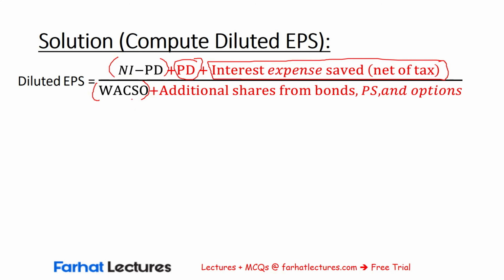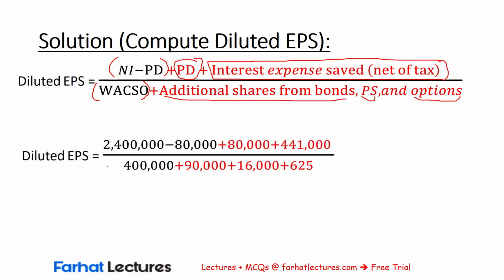In our denominator, we have the WACSO, and we have adjustments related to additional shares from bonds, preferred stock, and options. Now notice only the options are going to only affect the denominator. They're not going to affect the numerator because there's no effect on neither net income nor preferred dividends. So the diluted EPS is 2,400,000. This is the numerator.